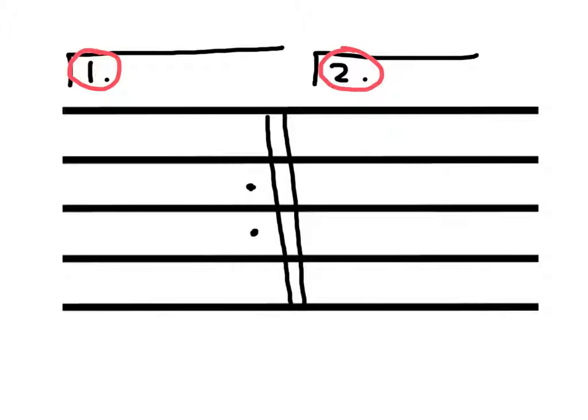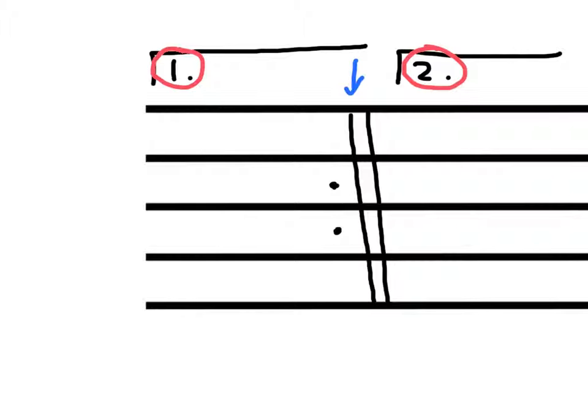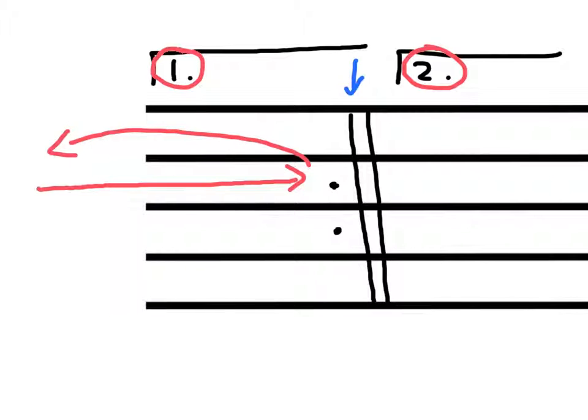The repeat sign is also a clue because it's going to have us repeat some material. The function of it, if you remember, is we are performing. We get through to this repeat sign. It tells us to go back to the beginning or to the first repeat sign.